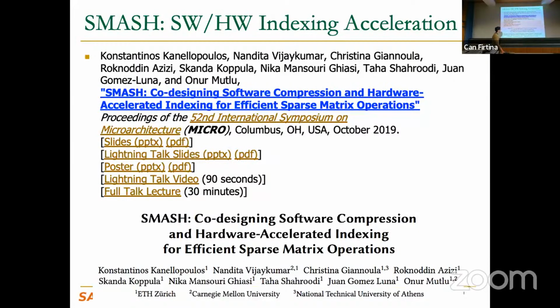Another nice example, a completely different idea of hardware-software co-design, is SMASH. It's an accelerator for sparse matrix operations. In this work, we optimize sparse matrix computation and sparse matrix vector computation by designing new hardware, and also new ways of compressing these matrices.